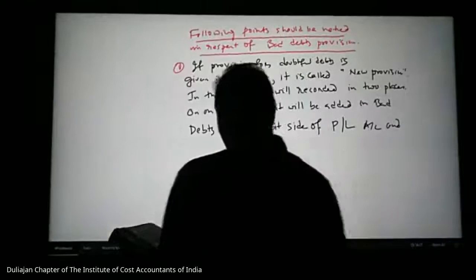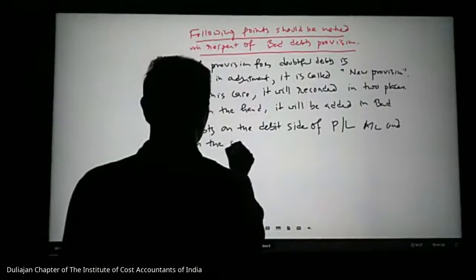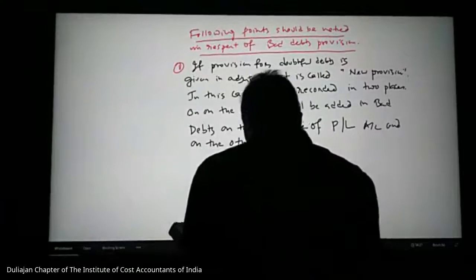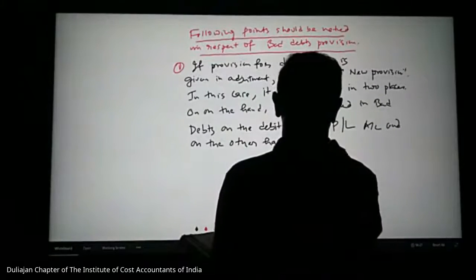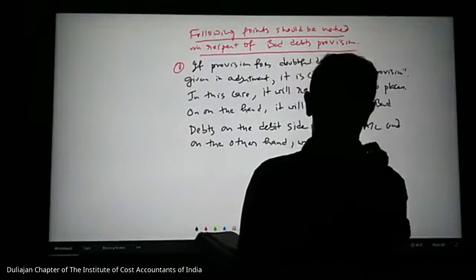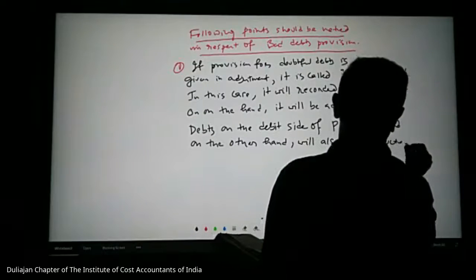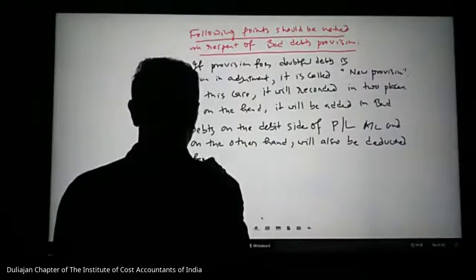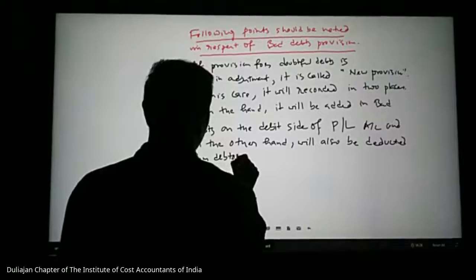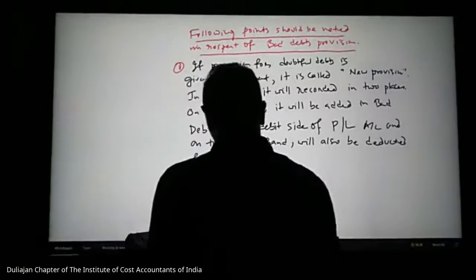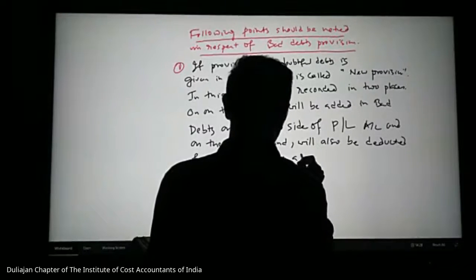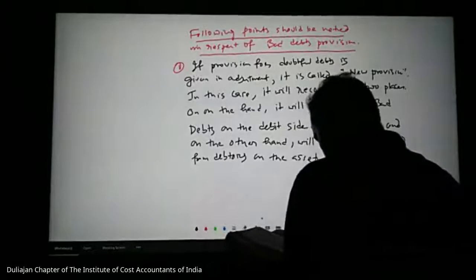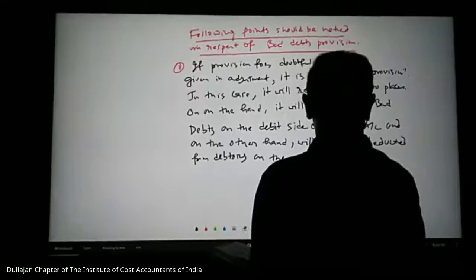And on the other hand, it will also be deducted from debtors on the asset side of the balance sheet.